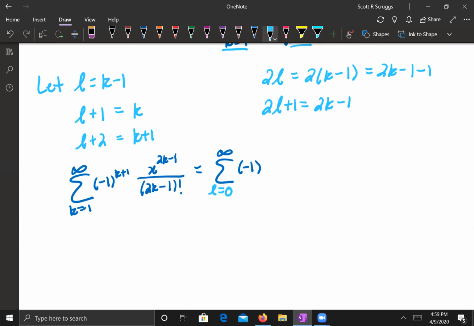We rewrote k plus 1 as L plus 2. x to the 2k minus 1 power becomes, based on our scratch work, x to the 2L plus 1 over 2L plus 1 factorial.